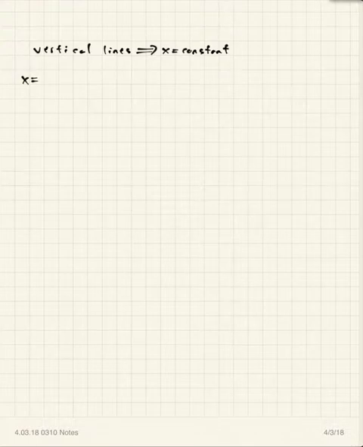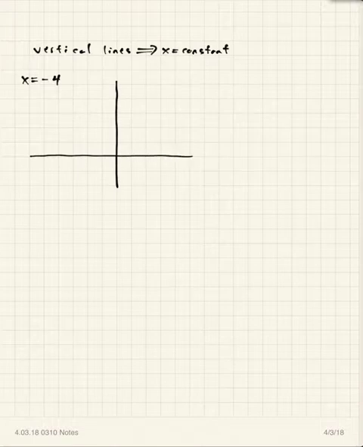So let's talk about the vertical line x equals -4. All right, and let's look at the slope of this line. So x equals -4. And I'm going to give you equations like this on your next exam and say, graph this. I want you to know when you see x equals -4 that you know, hey, that's a vertical line right away.